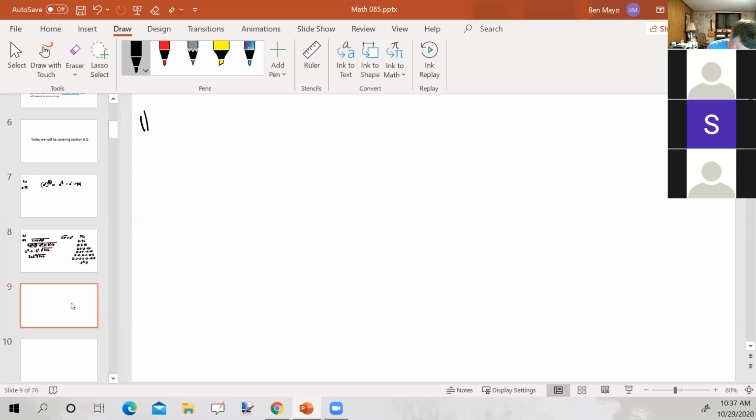This is number 18. Again, we're on section 9.3. It says simplify by combining like radicals. All right. We have the square root of 32 plus the square root of 2. In order to combine them, the quantity inside the radicals, that is the radicands, have to be identical.